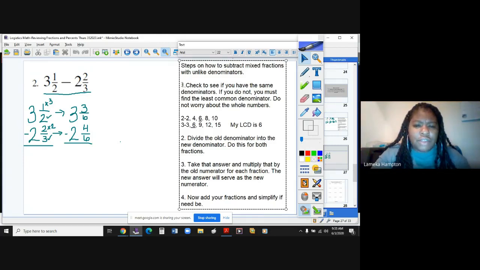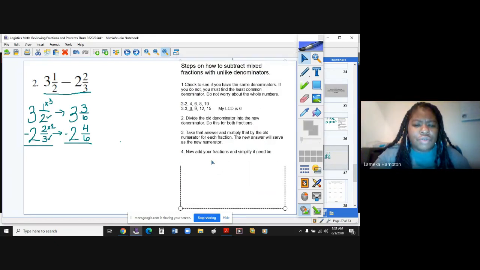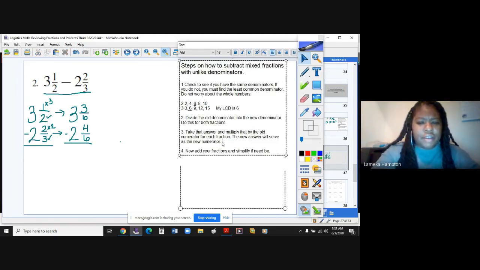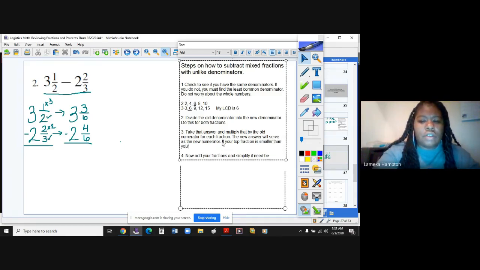It looks like I'm going to have to make this writing a little bit smaller, because I want to make sure that I have enough room to write. Now, I'm going to add, if your top fraction is smaller than your bottom fraction, you must regroup or borrow.